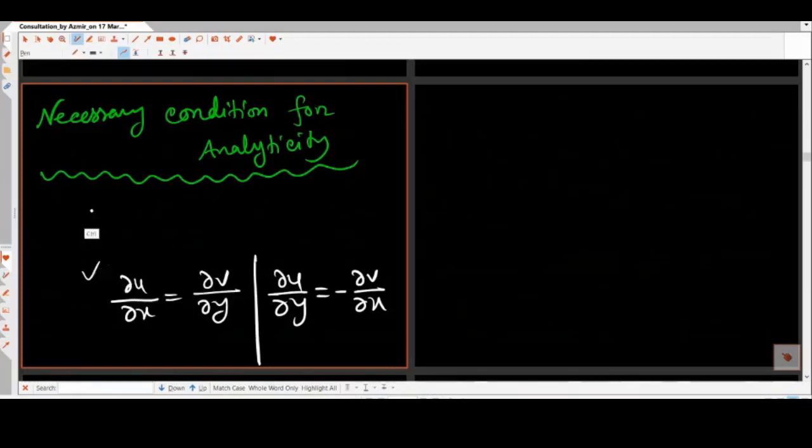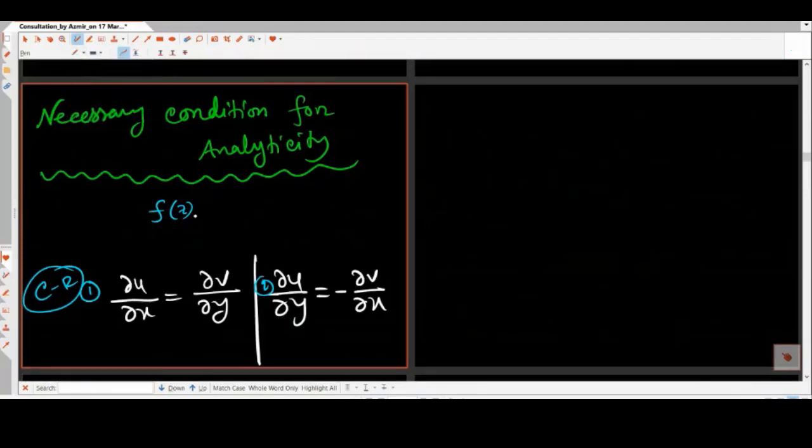These two equations are called the Cauchy-Riemann equations. This is the first one and this is the second one. So a function will be analytic if it satisfies these two conditions, which are known as Cauchy-Riemann equations.